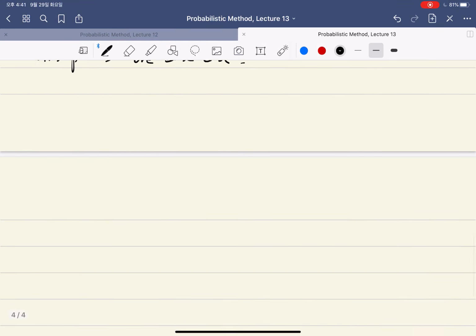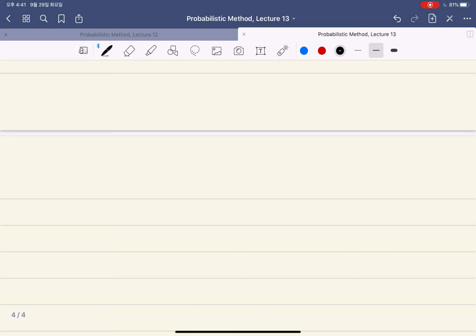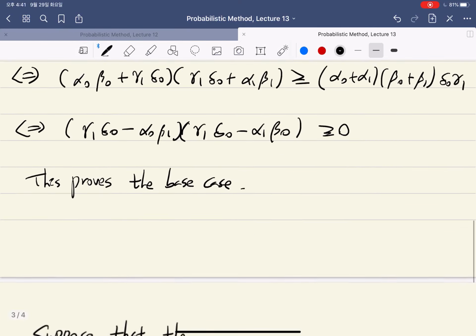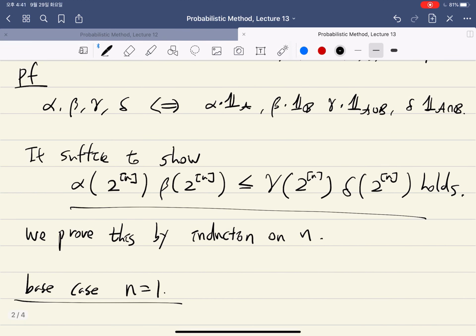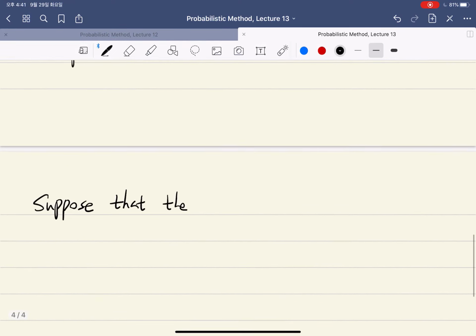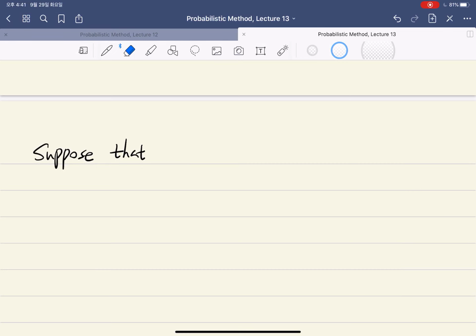So now we want to use induction to proceed. We suppose that this sharp holds for n-1.